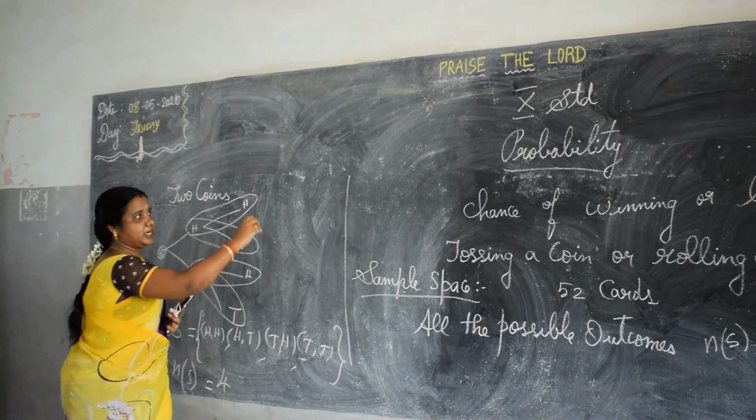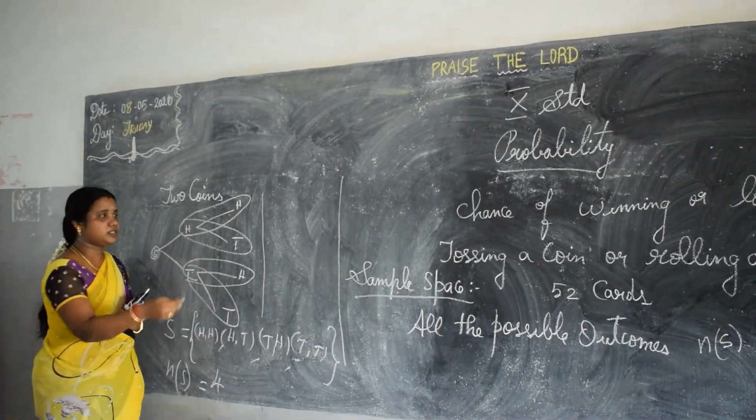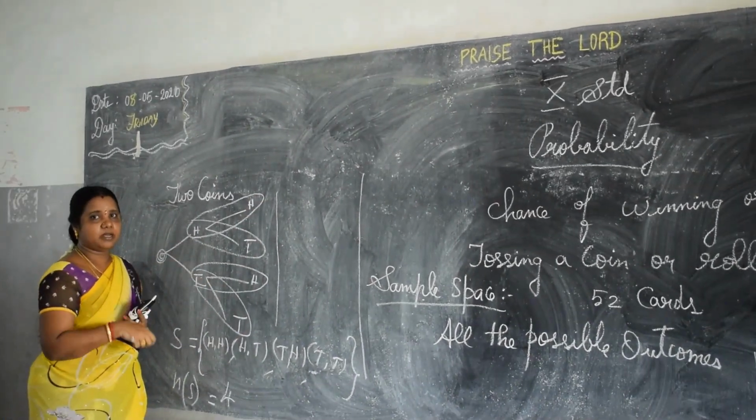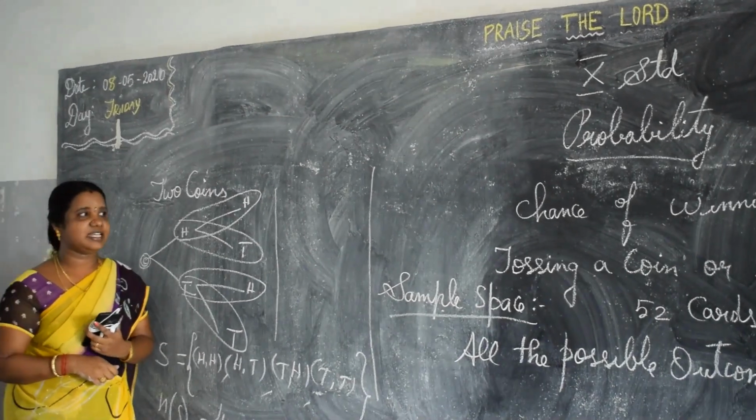You can use a tree diagram for the visual representation also. In our book also, one problem is there where you have to use a tree diagram and find the sample space.